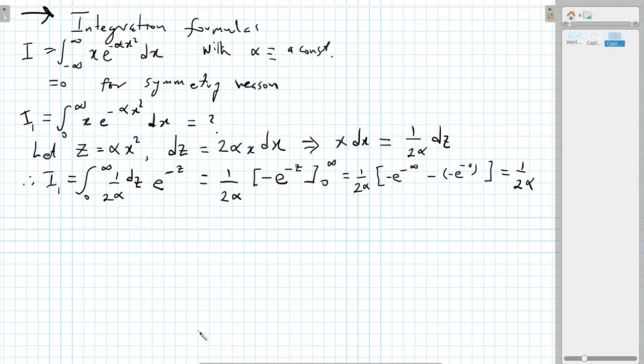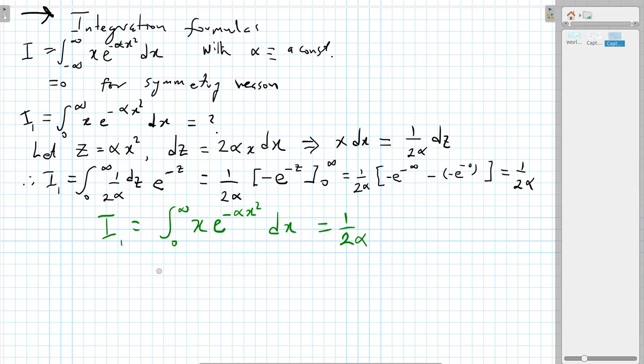We're going to use it, and that's why we've given it a name. I1 is the integration from 0 to infinity of x e to the minus alpha x squared dx, and the answer for this integration is 1 over 2 alpha. Okay, nice. This is something maybe one can hold on and remember.